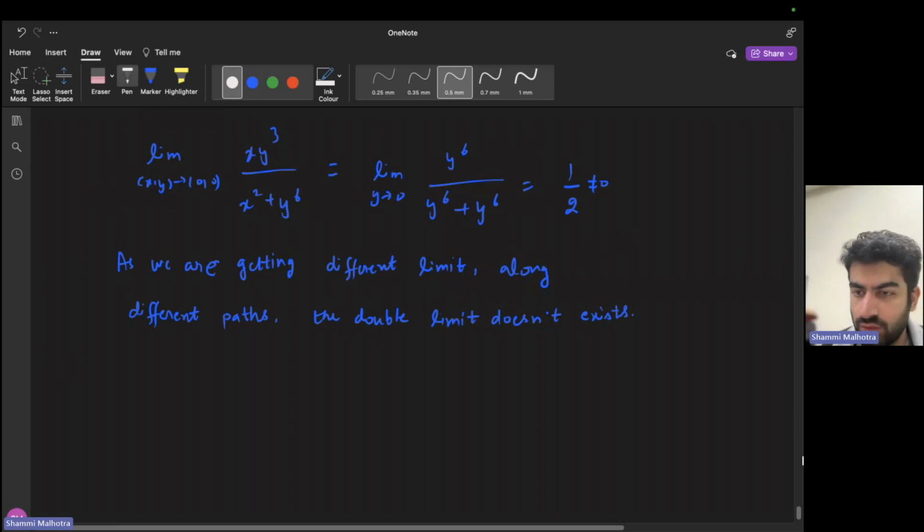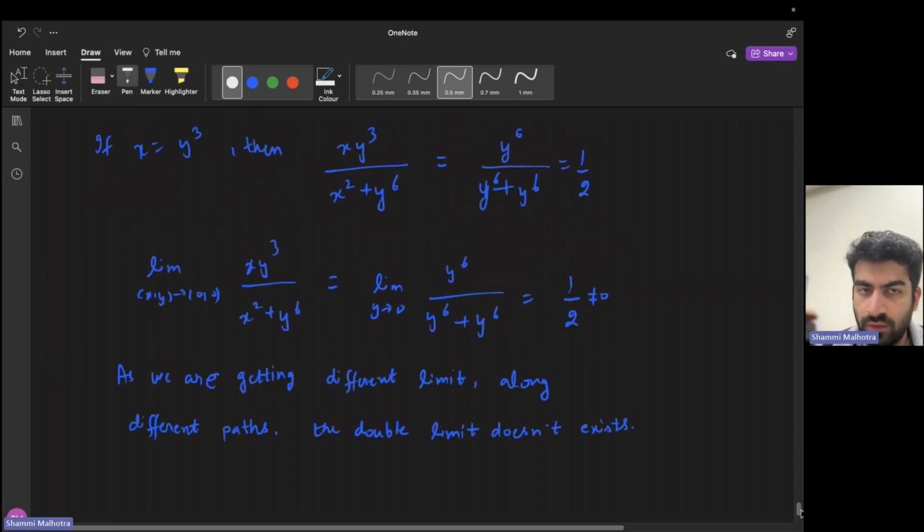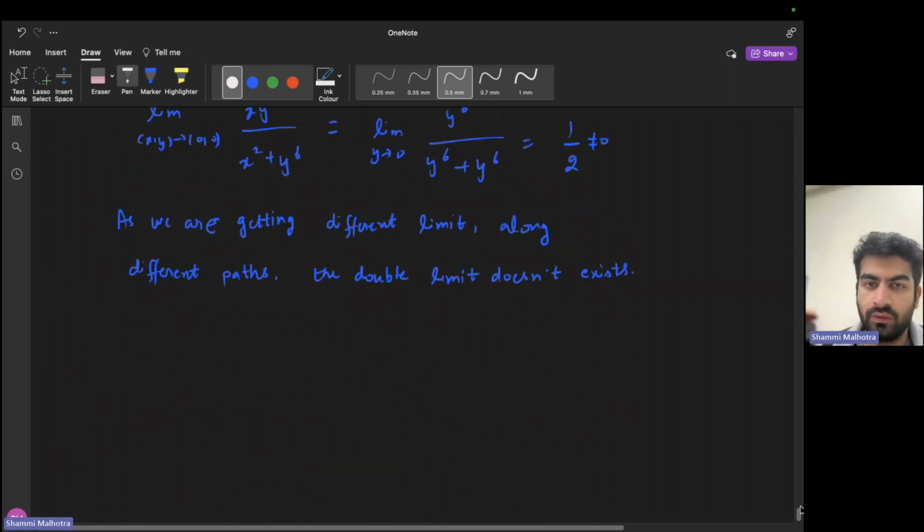Let me see how many questions we've covered till now. We have covered till 12. So for the 13th question, let's consider one more function. We would like to see the continuity of the following function.